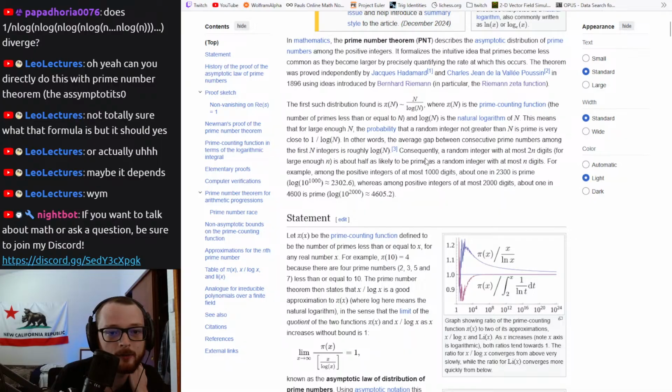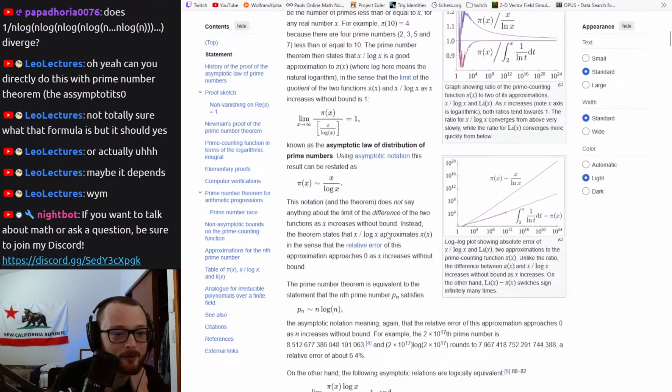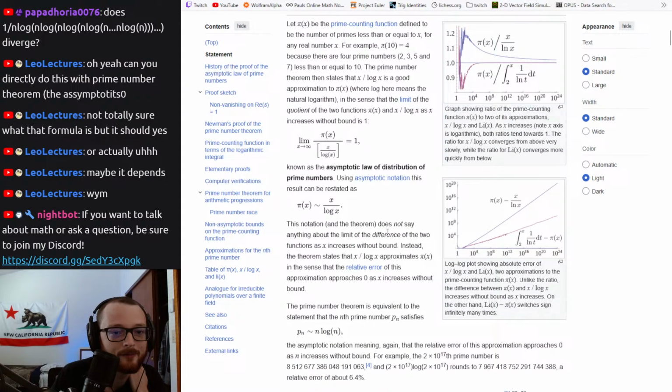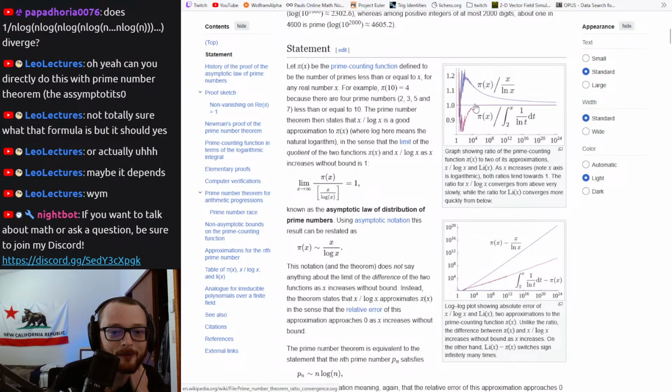That would be my idea. I mean, I don't know how precise that is, though. That's probably not precise. Well, that's a funky looking thing.